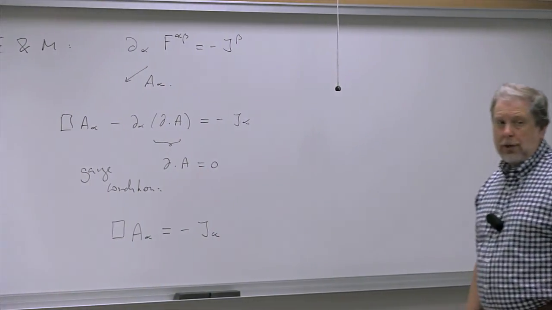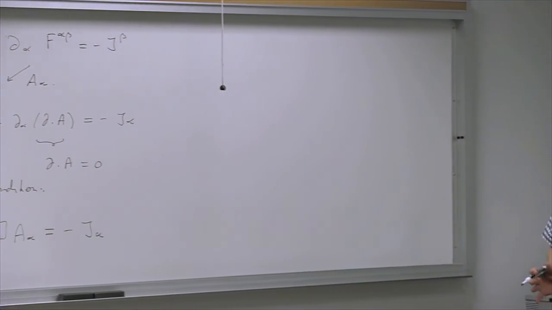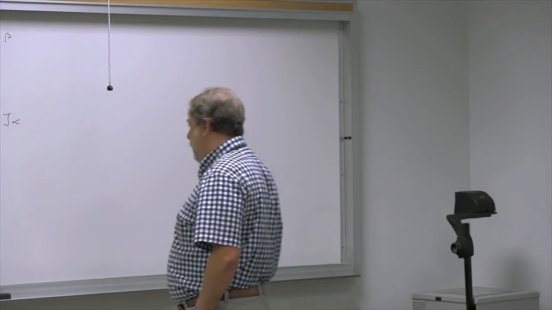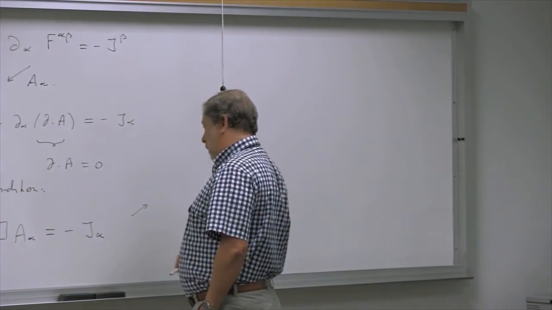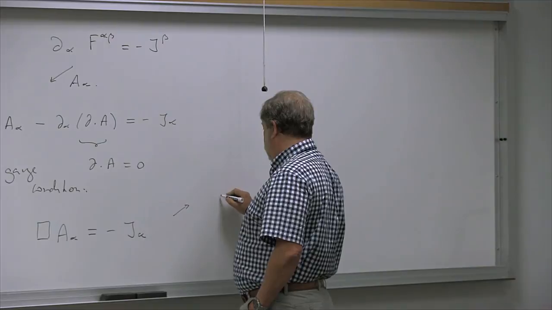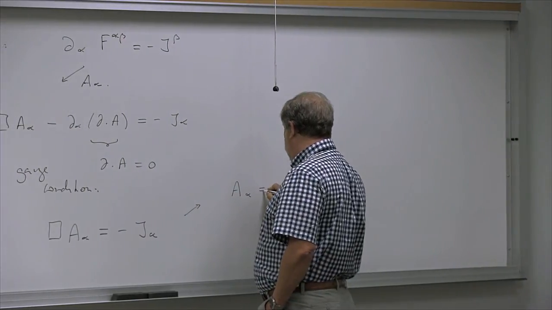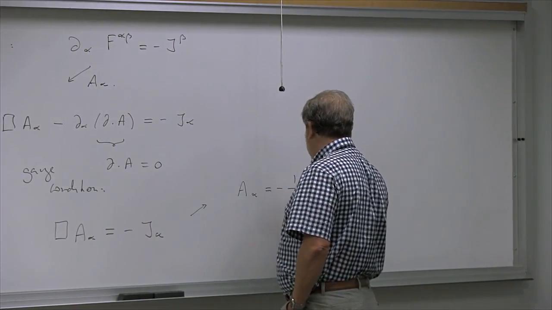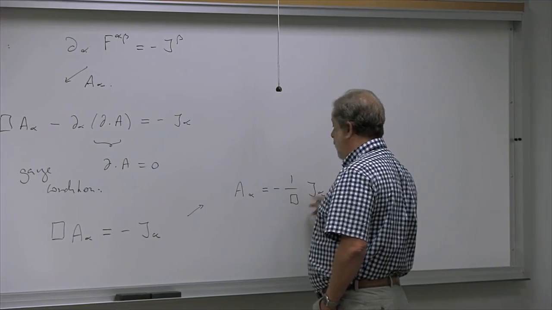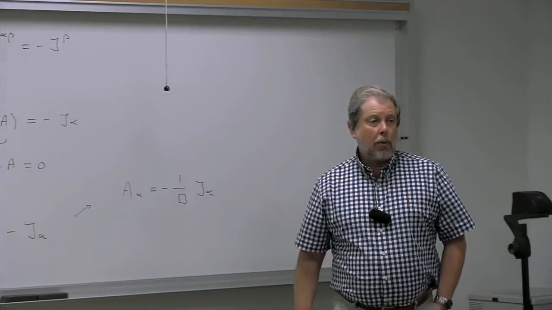And that is, of course, much simpler. We have just an ordinary wave equation with a D'Alembertian. And the solution is immediate because you can then write A_α as minus 1 over box acting on J_α. And this solves the problem completely.